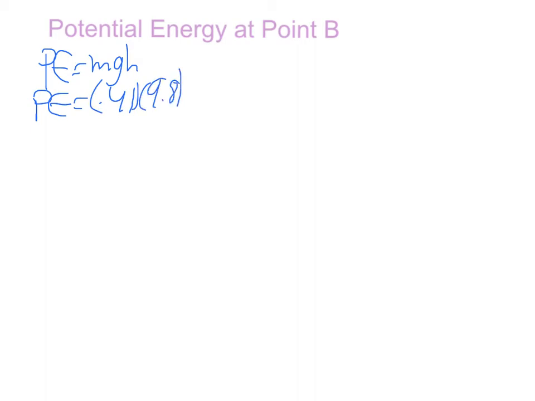So if we plug in for our PE equals mgh, PE equals 0.41 times 9.8 times 7.0 this time, as given the height in the problem. And then when you solve that, you'll find the potential energy at point B, which is 28.126 joules.